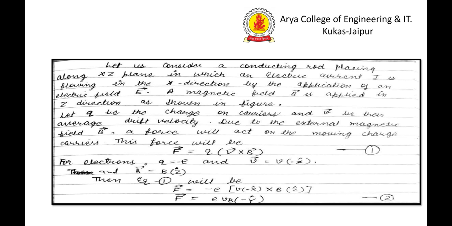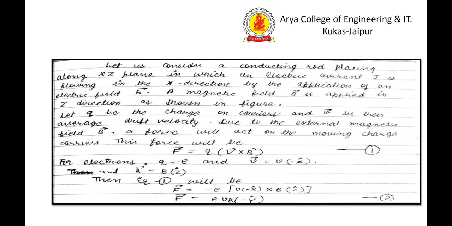As we know that for electrons, q is equal to minus e and v vector is equal to v (minus x cap).